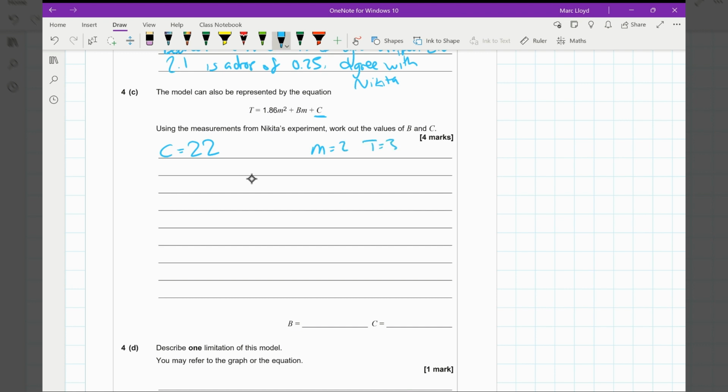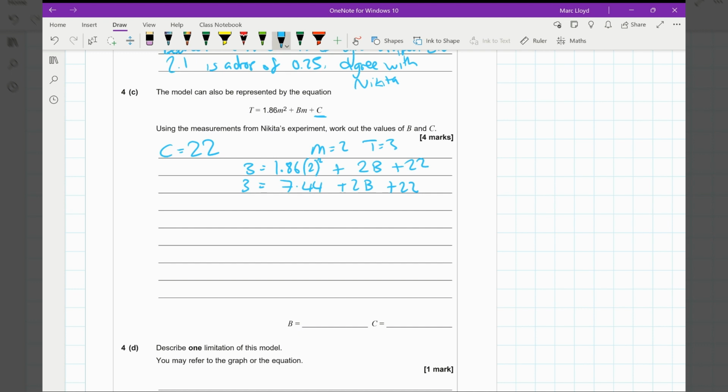So t, which is 3, equals 1.86 squared plus 2b, and then that is plus 22 because we've got that bit out. 3 equals, let me get my trusty calculator out, 1.86 times by 4, 7.44, plus 2b plus 22.